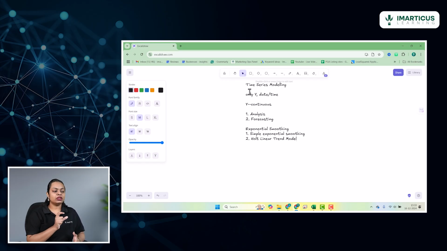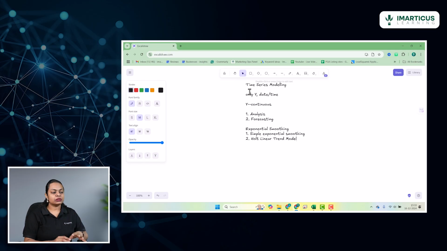This was a model created by Holt, and he was a statistician professor, and he created this model with the intention of handling the trend component in the data. So this model was capable of understanding what is the trend that has been observed in the past few years, and similar to that would be the trend that it would bring into the forecasted values.